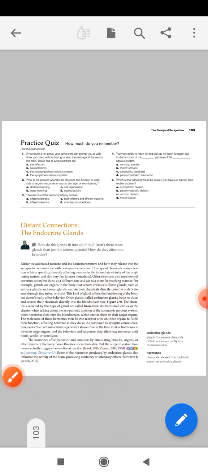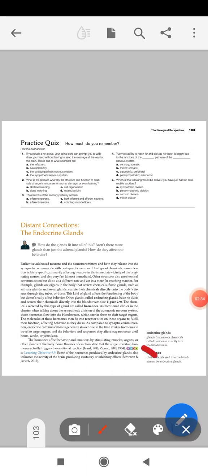Hormones are nothing but chemicals released into the bloodstream by endocrine glands. We are focusing on endocrine glands, not exocrine ones, because they do not affect our emotions or our behavior greatly.